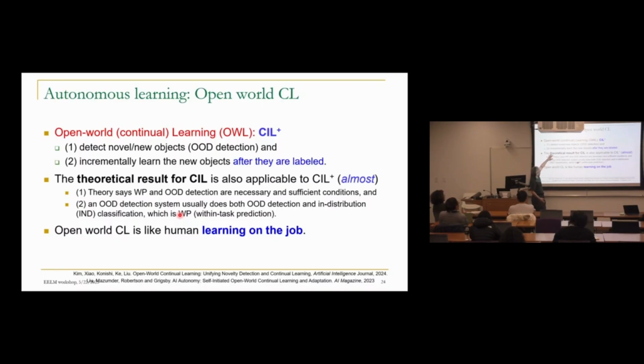And so that is the detection. The second task is to incrementally learn these new objects, to learn to recognize these objects. After they are learned, they are labeled. So who can label this? Nobody, right? Humans, right? Who else can label these things? Of course, in the computer, you can label this number one, number two.